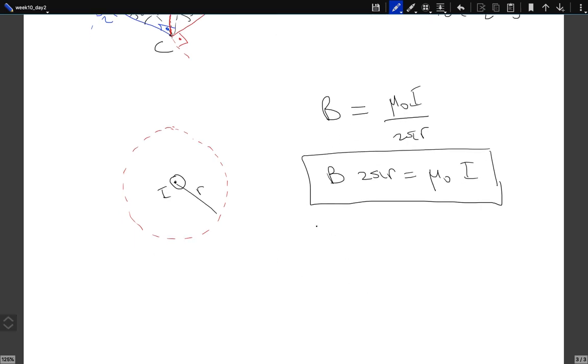Well, let me try to change it slightly. This is B times, let me write it this way. Now what I'm doing is, I'm imagining this circle to be made up of very small segments. Now it covers all my circle. Each one of these has a length dl.